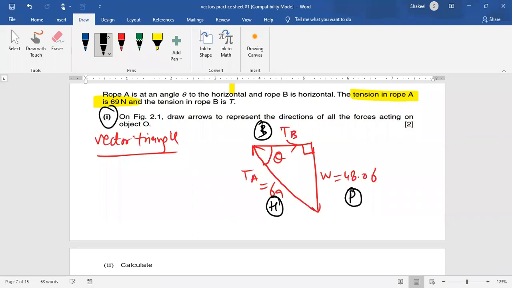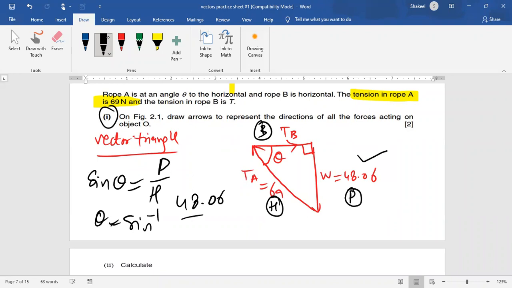Sorry, the thing is you have to find the angle, and you don't know TB, but we know the perpendicular and hypotenuse. So we'll be using sin theta instead. Sin theta is perpendicular over hypotenuse. So theta is sine inverse of 48.06 over 69, and you can solve this.